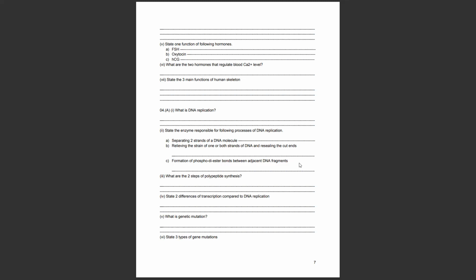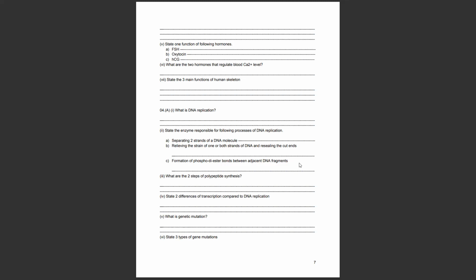2 marks. Roman number 5, what is genetic mutation? The permanent alteration of the DNA sequence of a gene is called a gene mutation or genetic mutation.